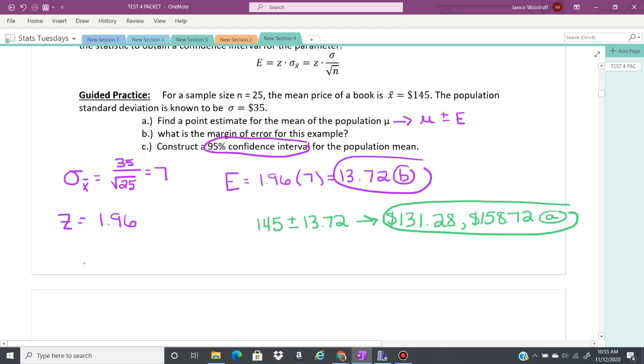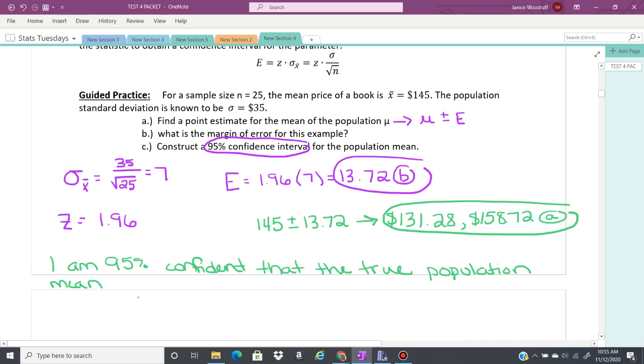So you would just say, I am 95% confident that the true population mean price of a book is between this point estimate here, 131.28 to 158.72.